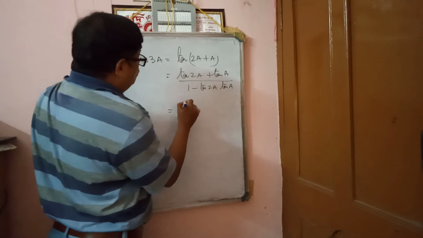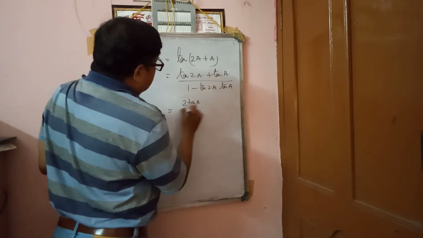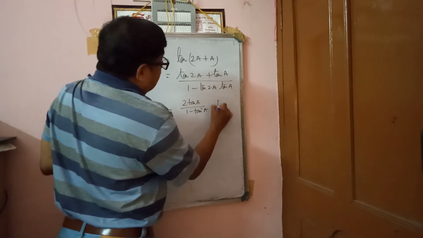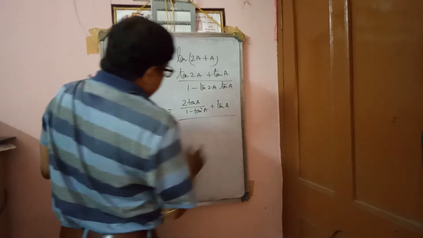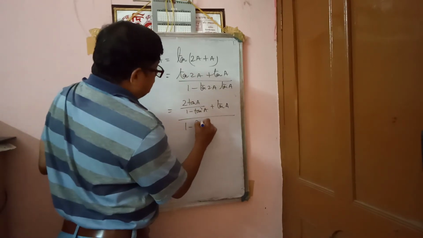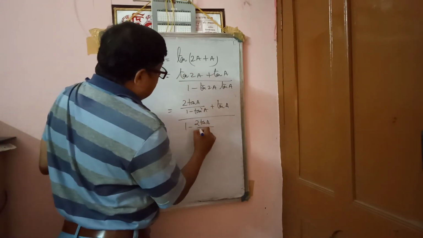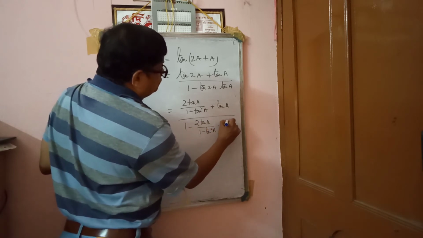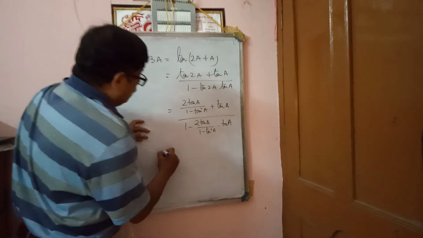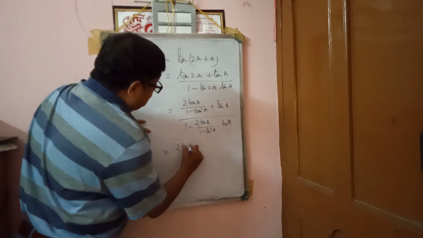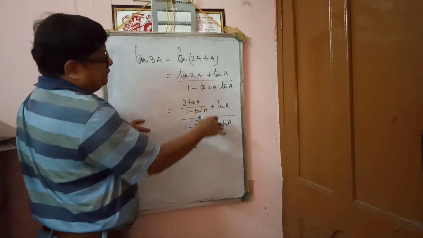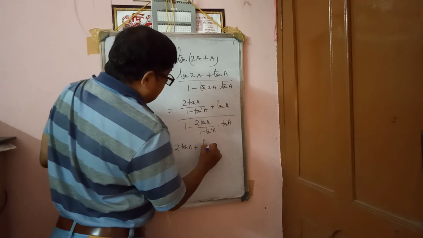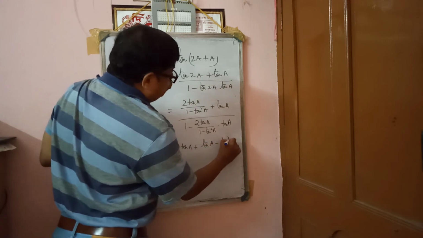So tan 2A is 2 tan A by (1 minus tan square A), plus tan A, by 1 minus 2 tan A by (1 minus tan square A) into tan A. Now take the simple LCM.